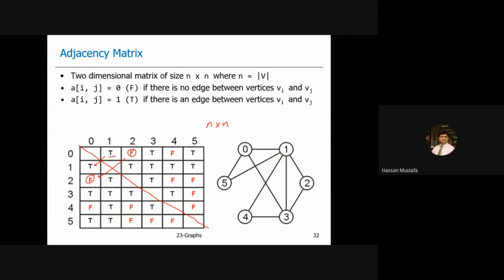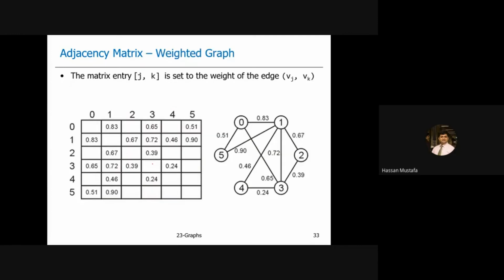Of course, this is the very simple representation, but let's talk about some more details of this adjacency matrix. The first detail here is that we can also store the weighted graph in this matrix.